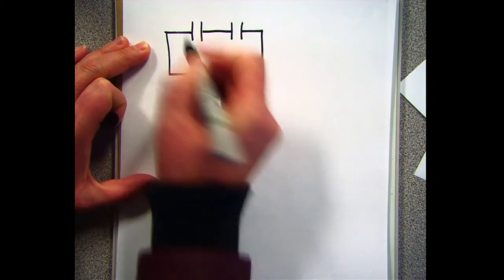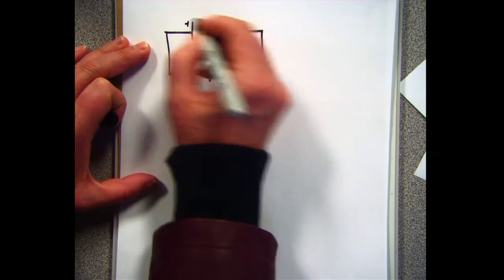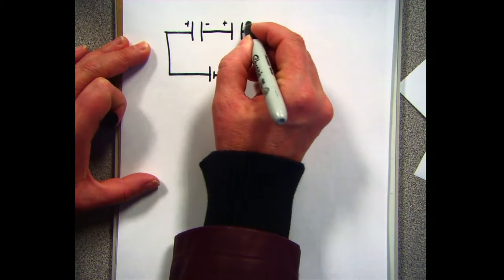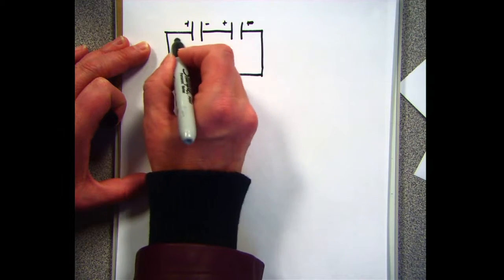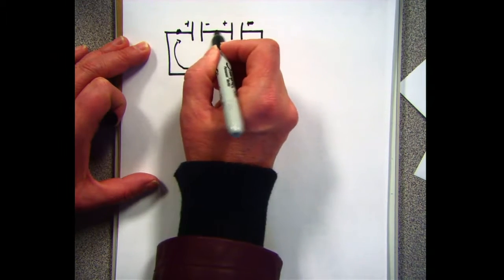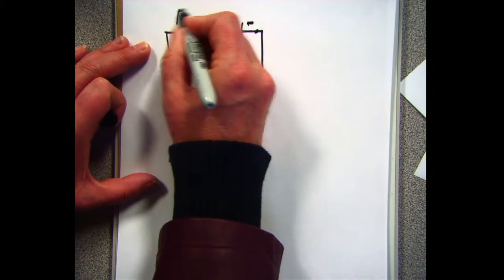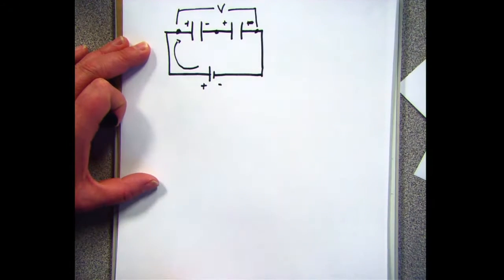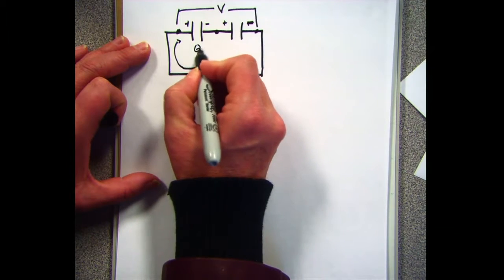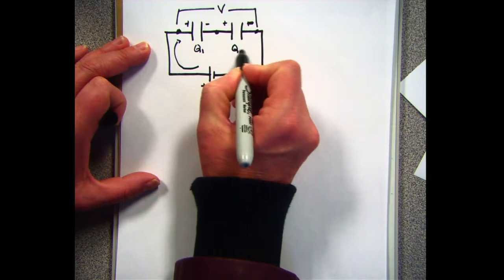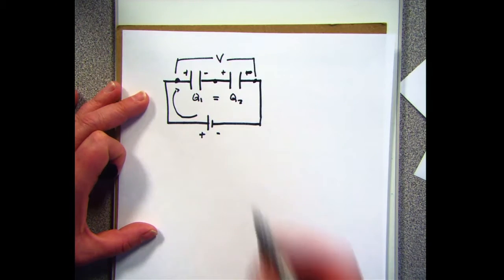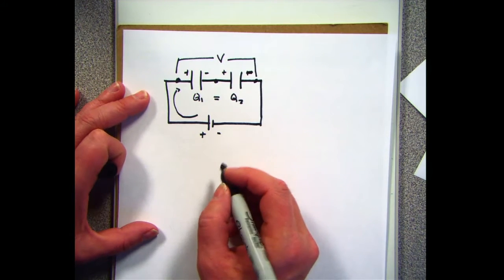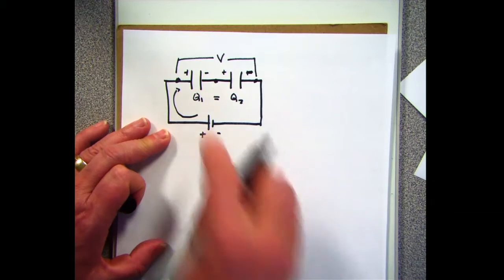If I measure the voltage across here, that's one measurement. This charge here and this charge here have to be equal. So those two charges are equal, but my change in voltage is going to equal my change in potential across 1 plus my change in potential across 2.